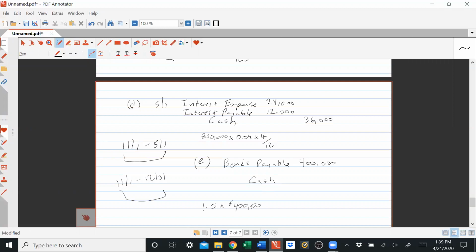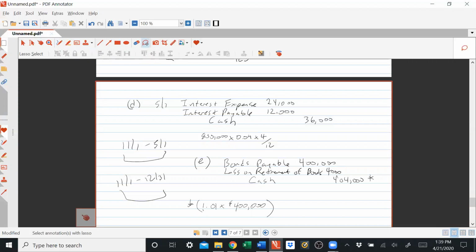of that to be able to say to the lender, we no longer have that as a liability anymore. So 1.01 times the 400,000 is 404,000. That's what we had to give the lender. In exchange, they said, you no longer owe us for this 400,000. And the difference is loss on retirement of bonds, 4,000.